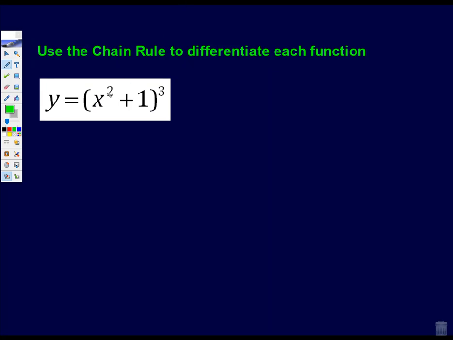Okay, so here I've got y equals x squared plus 1 to the 3rd. Once again, I'm going to identify the inner part and call it u. And if it helps, just cover it up for a minute and don't worry about what that is. Now that I've covered that up, all I see is a power function, something cubed.